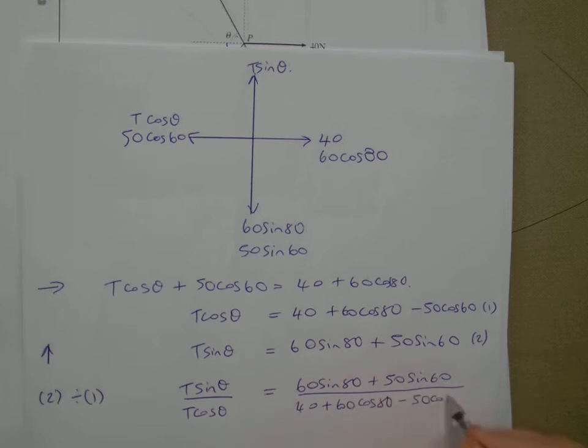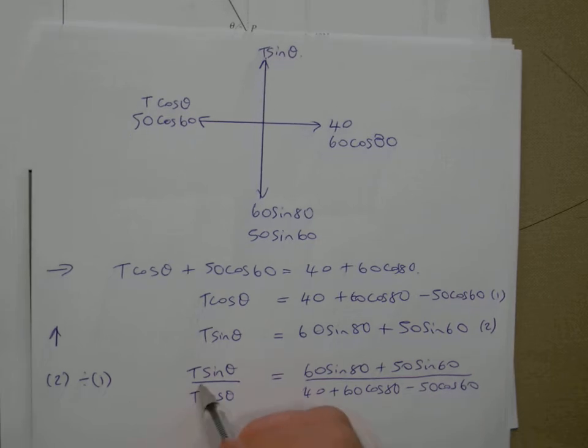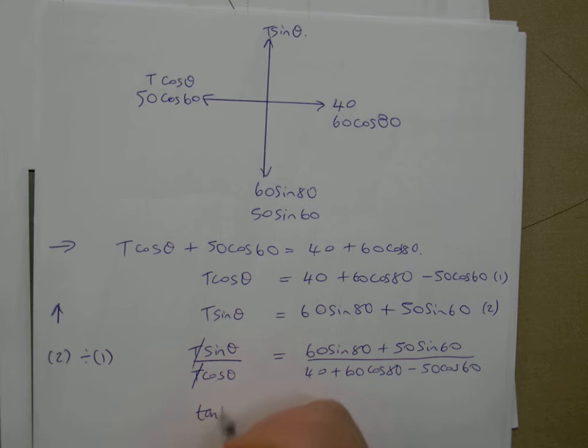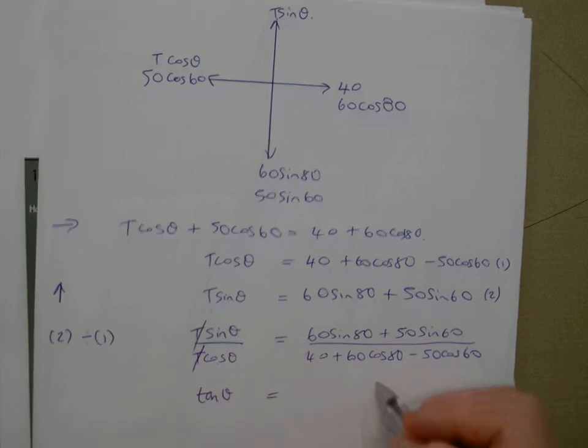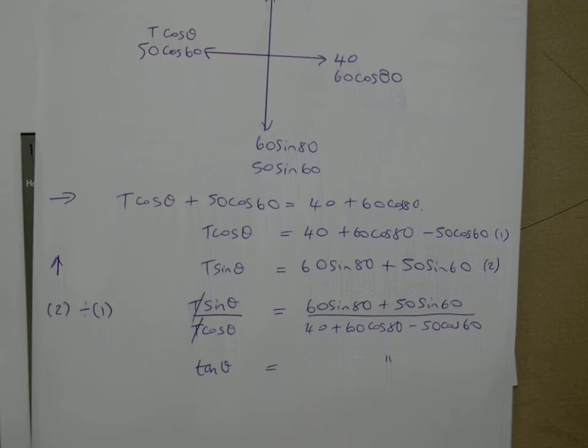What's good is that the Ts cancel, because T divided by T is just 1. And sine theta over cos theta is tan theta, so tan theta will equal all of this stuff here.